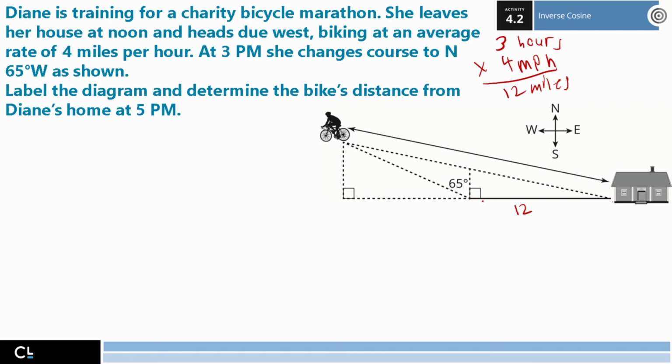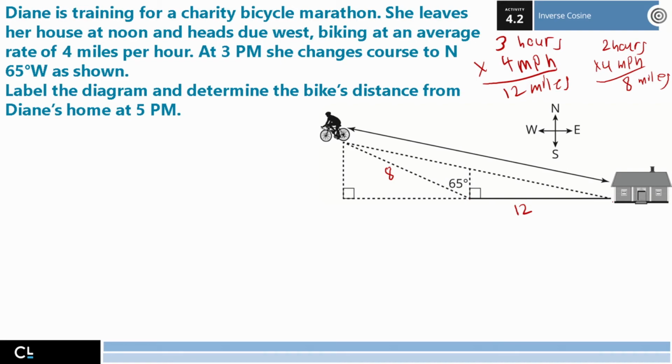She then changes course and goes up this way at a 65-degree angle, and she travels there for 2 hours at the same speed, 4 mph. That's going to give me 8 miles. So this diagonal line here is going to be 8 miles.